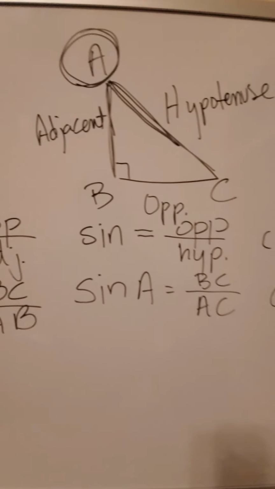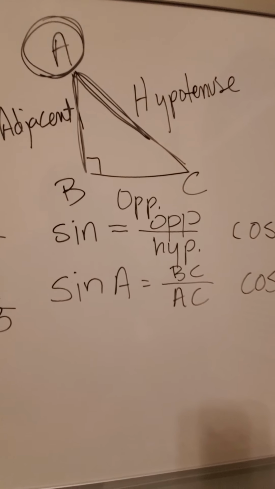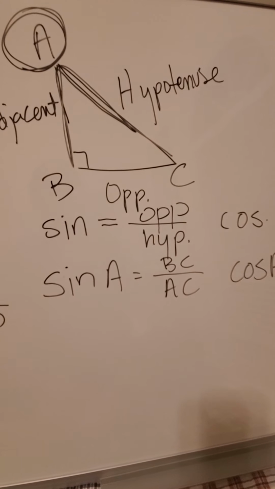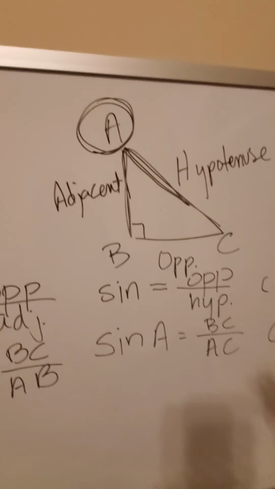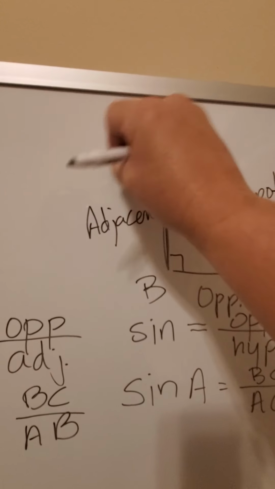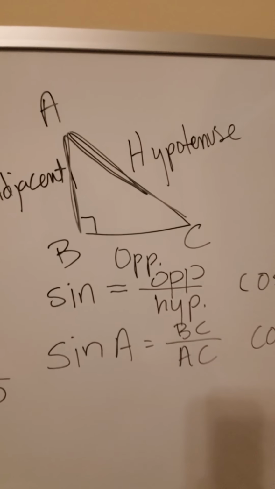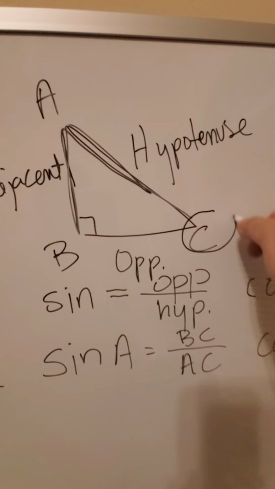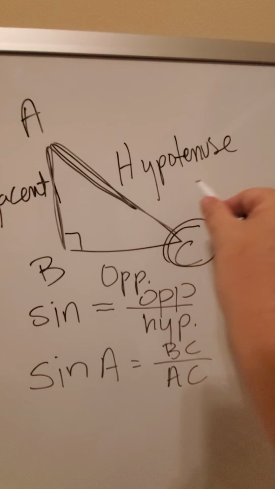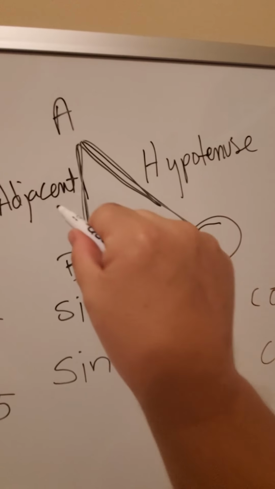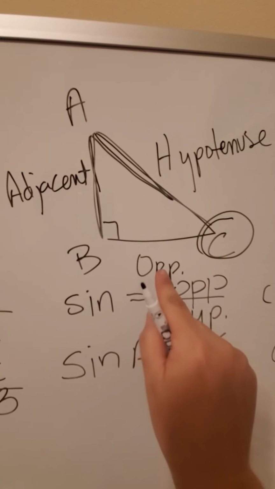Now this will change a little bit if I go from angle C. If instead of referencing angle A, I reference angle C, this still stays my hypotenuse. That's my longest side, always will be. But the other two sides now swap.